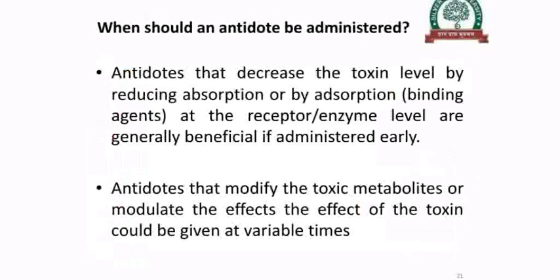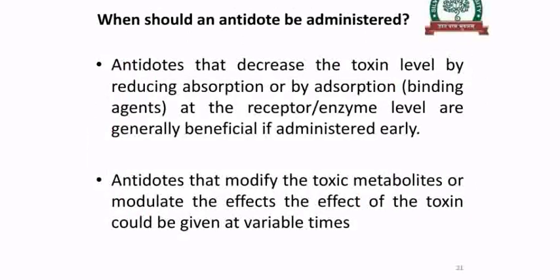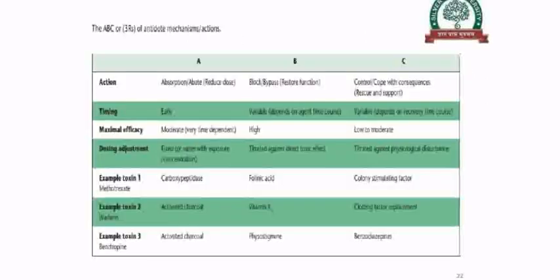Antidotes that decrease the toxin level by reducing absorption are generally beneficial if administered early, because the chemical reaction has to take place fast and the effect of the poison has to be reversed. But antidotes that modify the toxic metabolites can be given at variable times. So the treatment has to be strategized in a thoughtful manner by the healthcare practitioner.